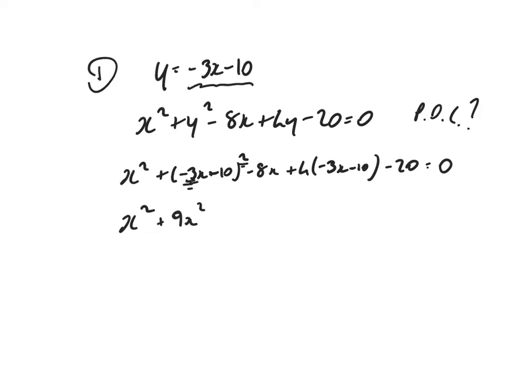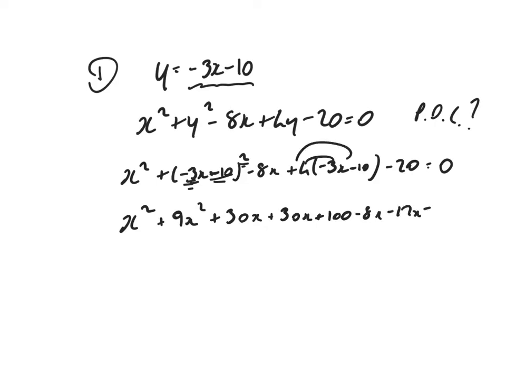I've then got minus 3x times minus 10, which is plus 30x, and then another minus 3x times minus 10, which is 30x again. And then minus 10 all squared is plus 100, minus 8x, minus 12x, minus 40, minus 20 is equal to 0.